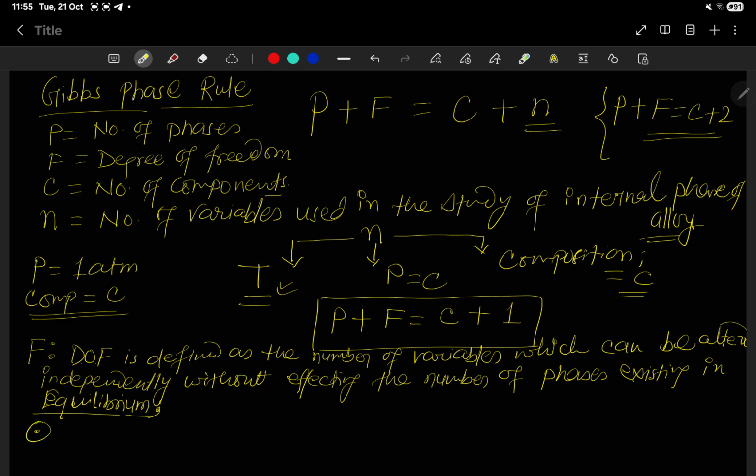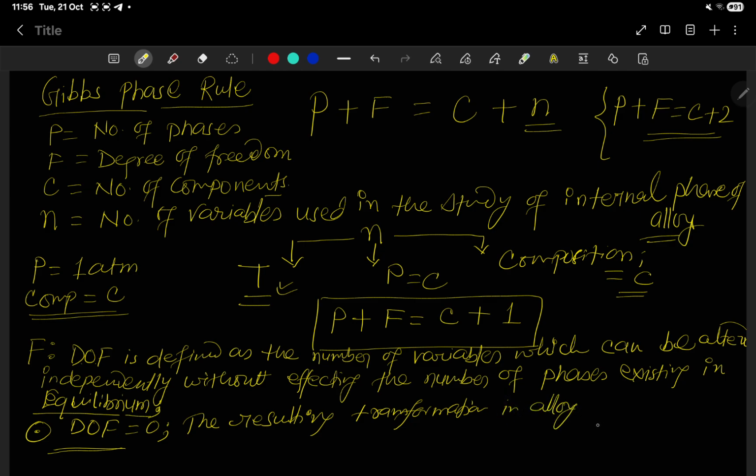Now suppose the degree of freedom is 0, then the resulting transformation in the alloy is known as an invariant reaction.